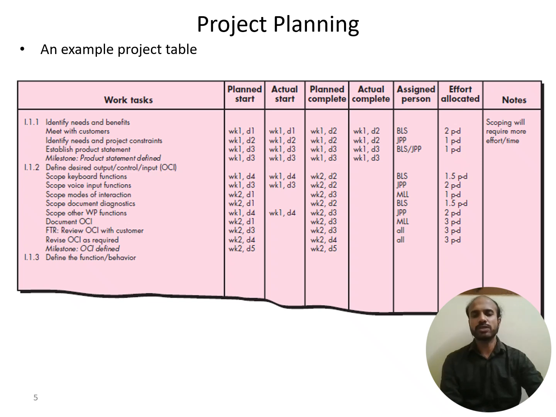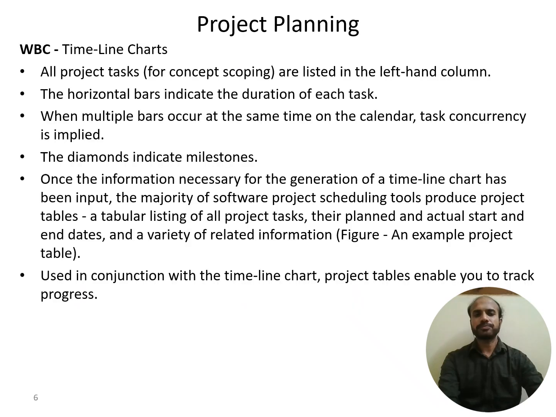That is the actual start. So as per the plan, did they complete it, and actually did they complete it? Who was that particular task assigned to? And then the amount of effort that was involved, and any additional notes you wanted to make. These things will be clearly listed out in this chart.